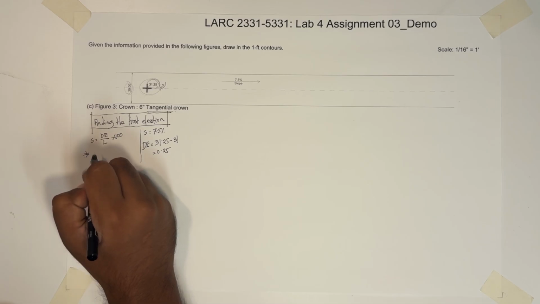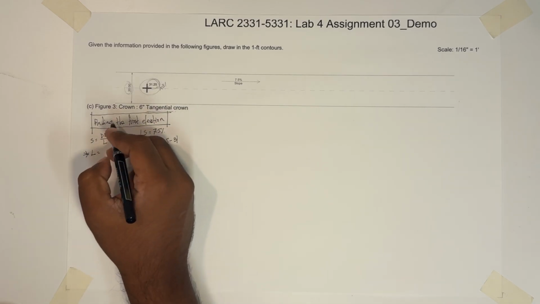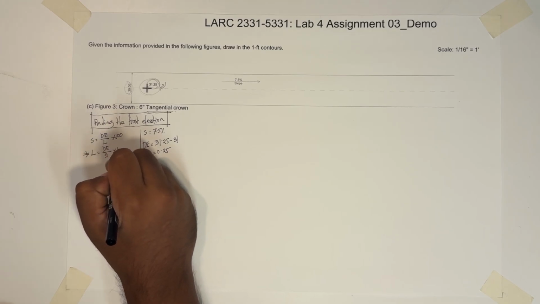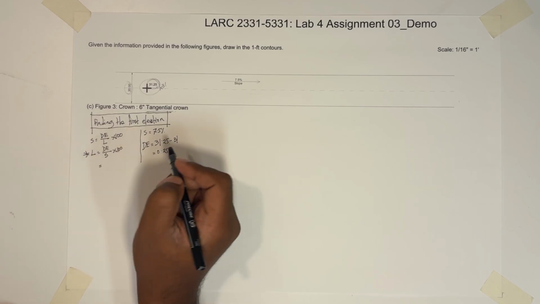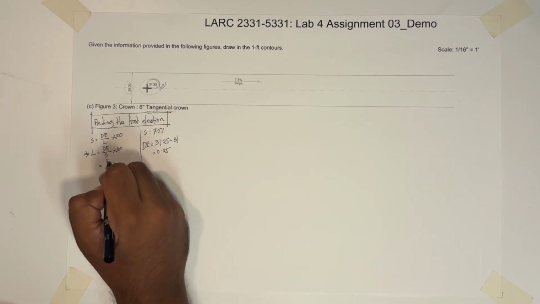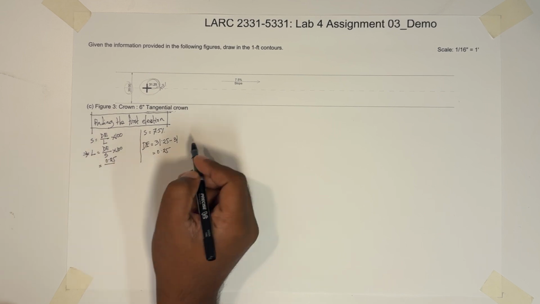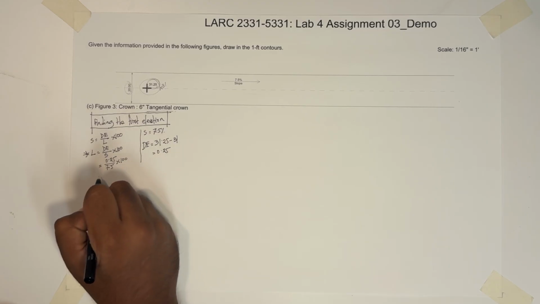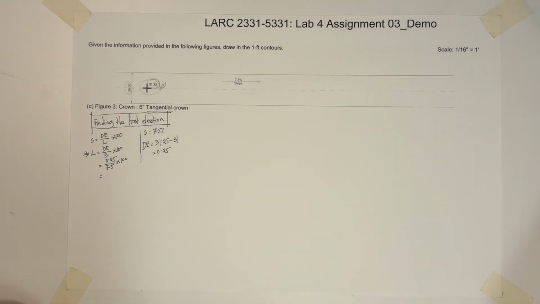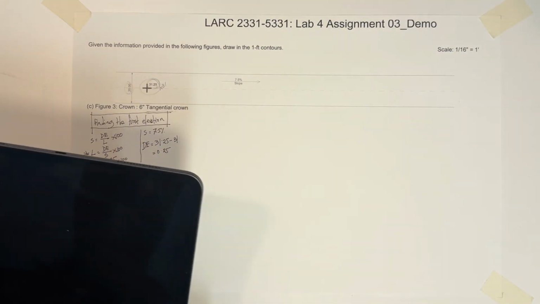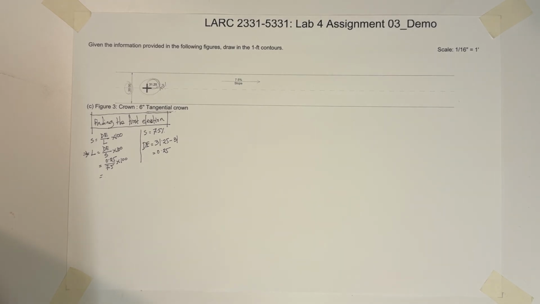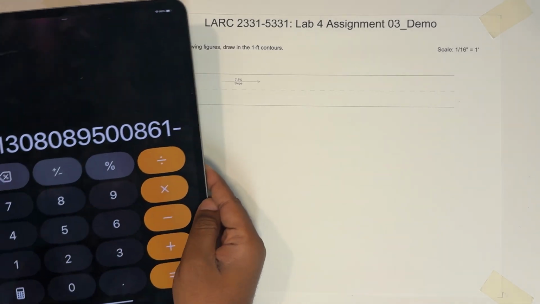Therefore, L equals dE divided by S into 100. So dE is 0.25, S is 7.5, and multiply that with 100. Let's do the calculation.